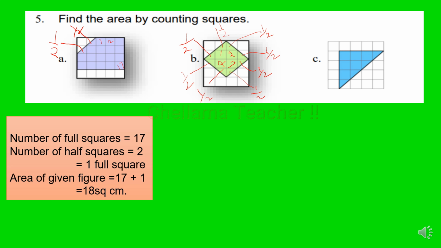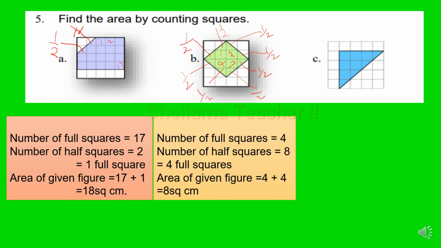So totally 8 half squares are there. 8 half squares is equal to 4. Let's see the area of the given shape B. Number of full squares is equal to 4. Number of half squares is equal to 8, which is equal to 4 full squares. Area of given figure is equal to 4 plus 4 is equal to 8 square centimeter.